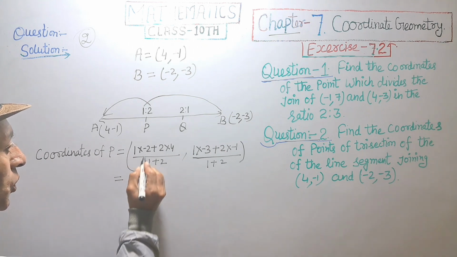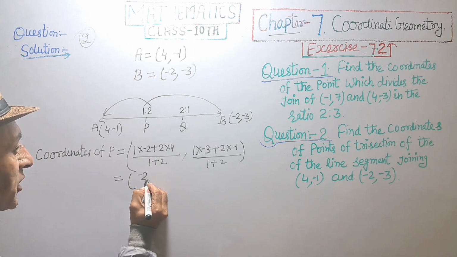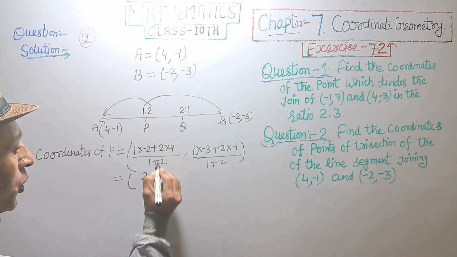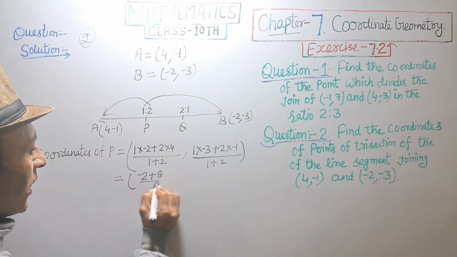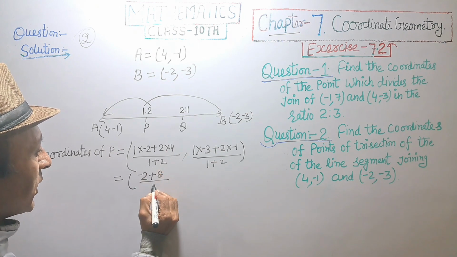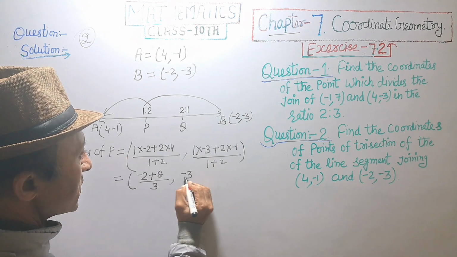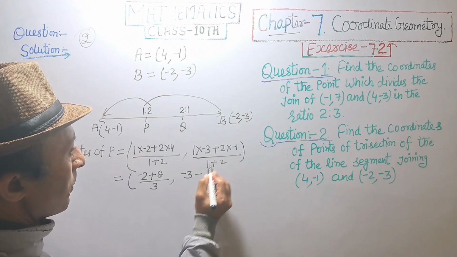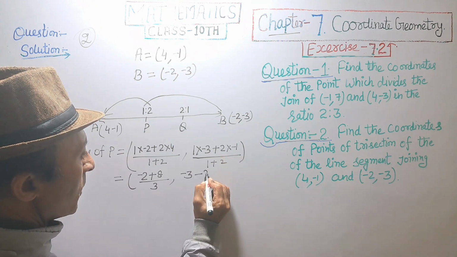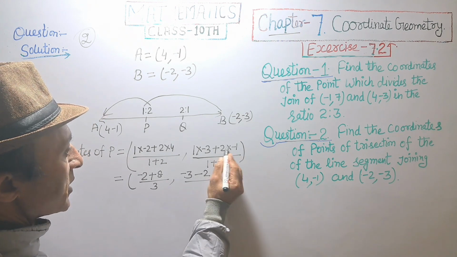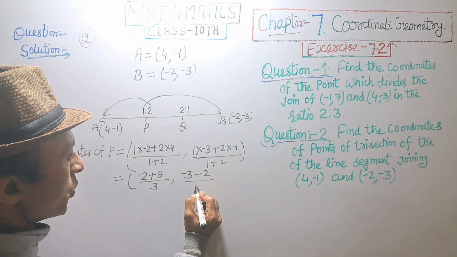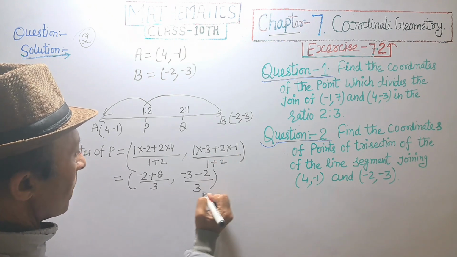That is equal to 2 1s are minus 2 plus 4 2s are 8, divided by 2 plus 1, is equal to 3. 3 1s are minus 3 plus 2 1s are 2, but minus 2 plus into minus, that is minus 2, divided by 3.